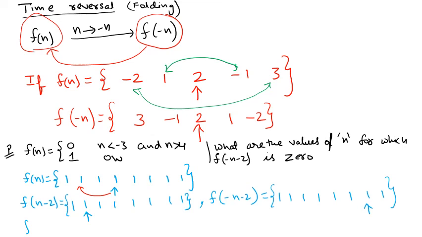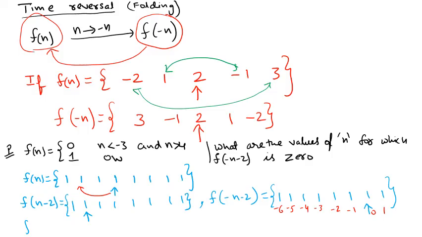Okay, so from here we can see, let me just write down the time indices. This time index is 0, 1, minus 1, minus 2, minus 3, minus 4, minus 5, and 6.